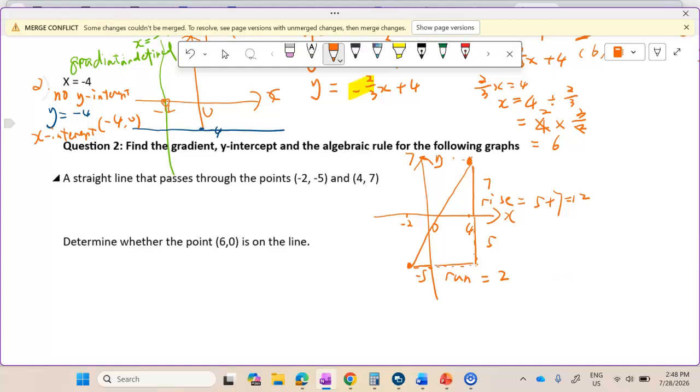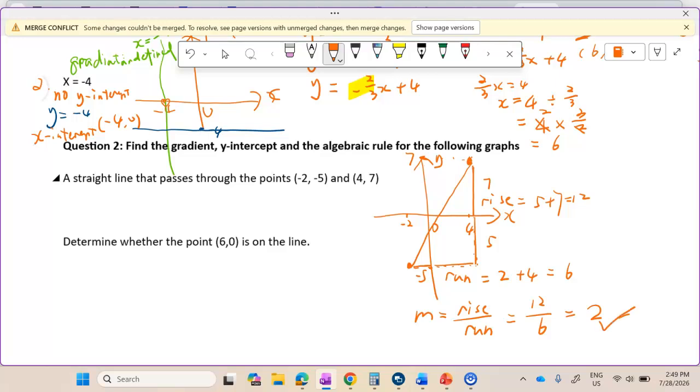This part is 4. So it's 6. Now the gradient is rise over run, so it's 12 over 6, so it's 2. Now, is it going downhill or uphill? It's going uphill, so it's a positive gradient. The correct answer will be 2.